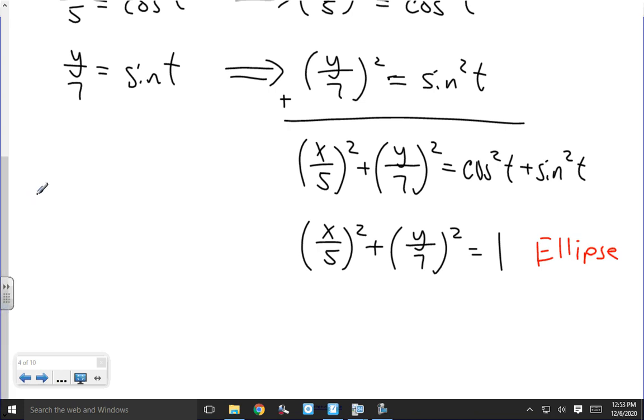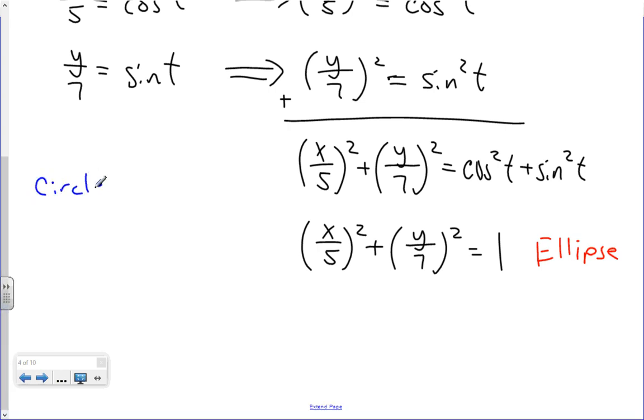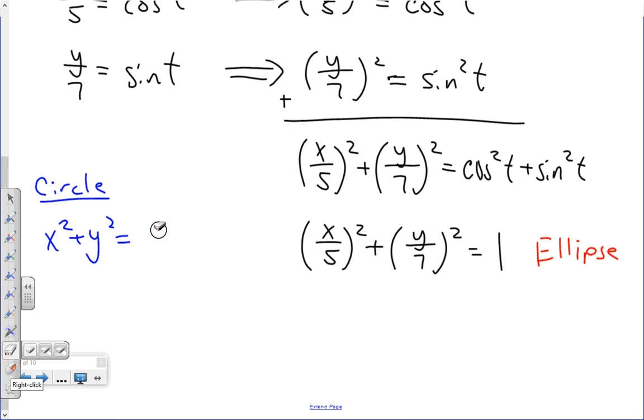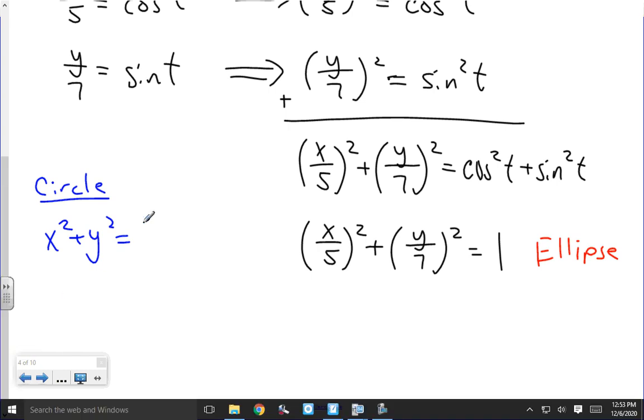The equation of a circle is x squared plus y squared is equal to the radius r squared. That's your equation of a circle. If you want a circle with a radius of 1, then you can make r equal to 1. Maybe I'll write it that way. Let me get rid of the r squared there. We'll just make it 1, with a radius of 1.